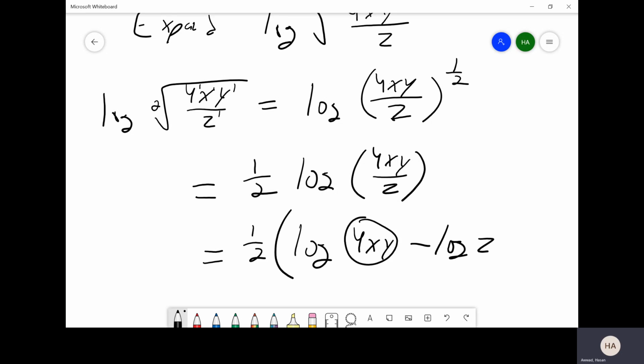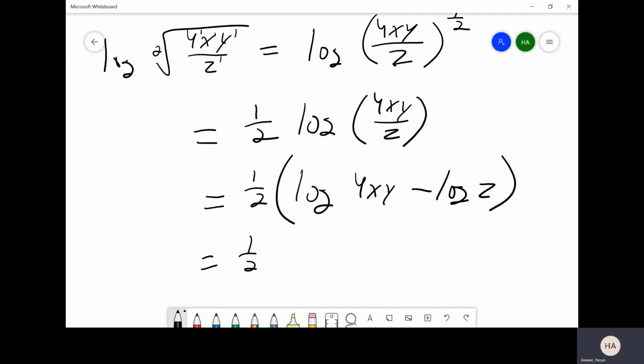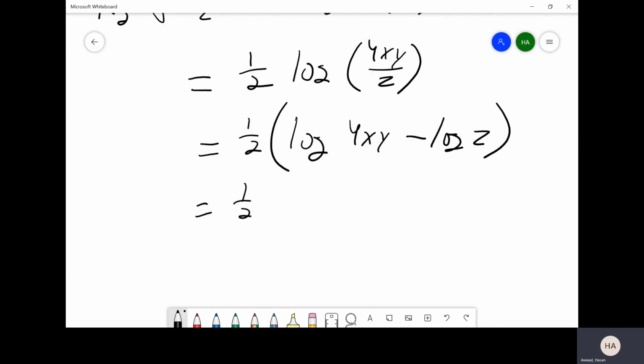It's a logarithm of your numerator minus logarithm of your denominator. And the 1/2 is being attached to the entire thing, right? The 1/2 is being multiplied to the entire logarithm, so it only makes sense that 1/2 multiplies against every single piece inside. Okay, we continue along, we bring that 1/2 down. Now we see we have three things being multiplied here, right? We have 4 times x times y.